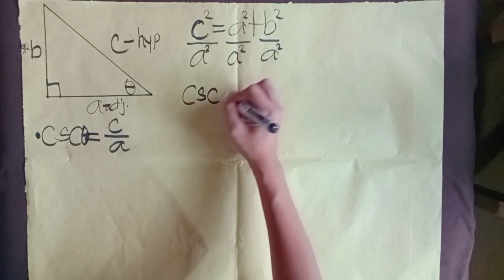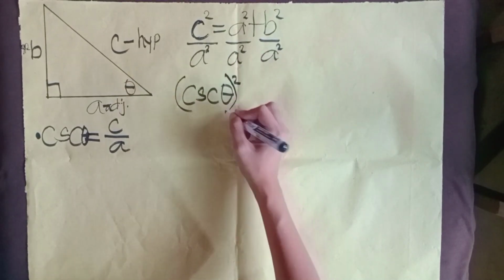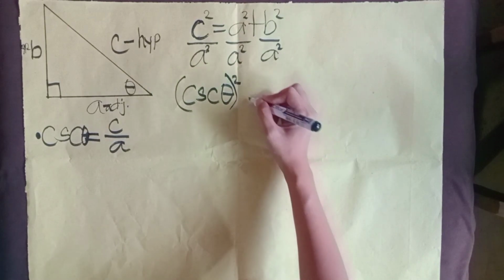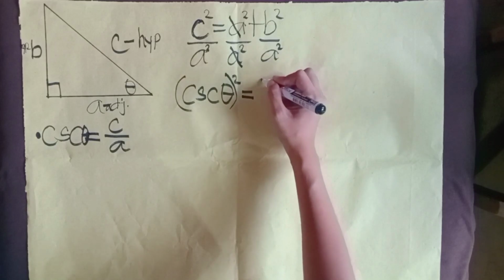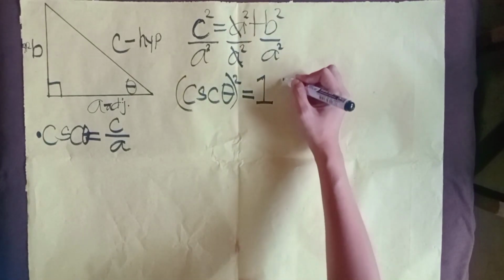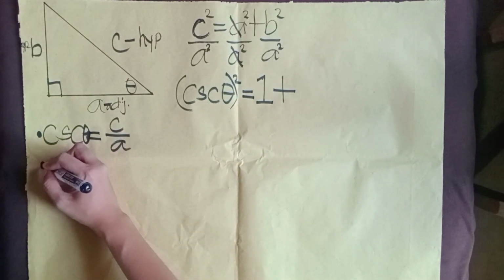Therefore, this is cosecant theta squared equals A squared over A squared, that is 1, plus B over A, that is opposite over adjacent.